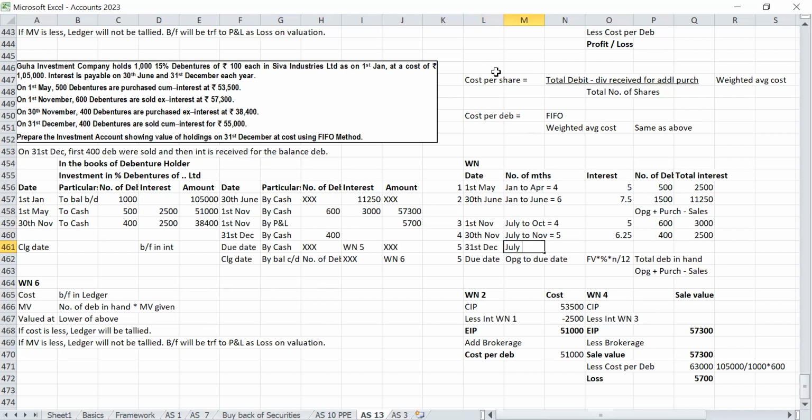For 6 months per debenture, 7.5. How many debentures? 400. So total 3,000 by cash. Then the amount of 55,000 minus 3,000: in the sale value of 55,000 cum interest, the interest is 3,000. So 52,000. No brokerage. So 52,000 will be the sale value, written here.